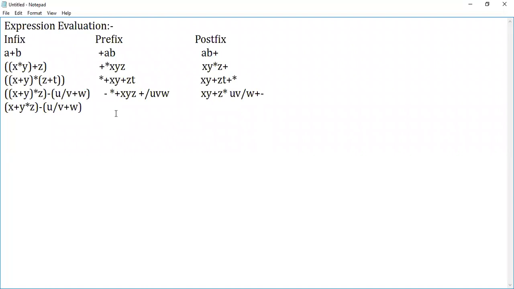It is important to understand what happens with brackets and without brackets. A symbol varies, guys.